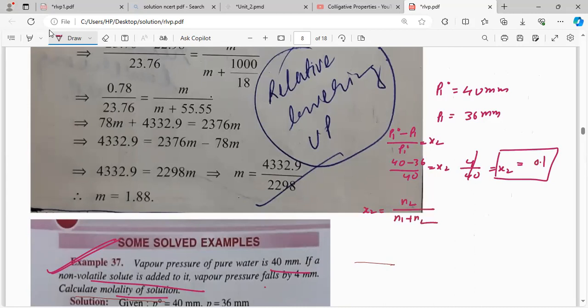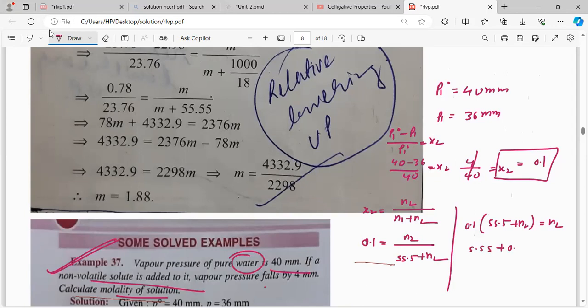Here X2 is 0.1, equal to N2 upon N1 plus N2, where N2 is the number of moles per kg of solvent, and N1 is 55.5. So 0.1 times (55.5 plus N2) is equal to N2. Multiplying, it comes 5.55 plus 0.1 N2 is equal to N2.